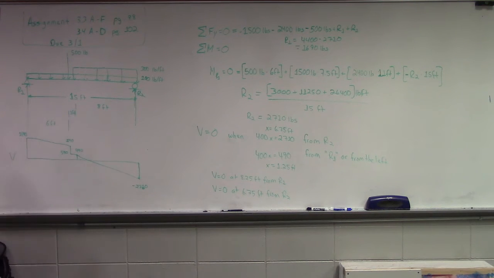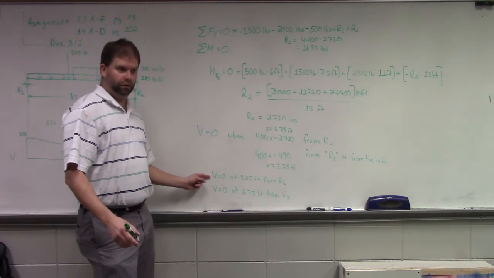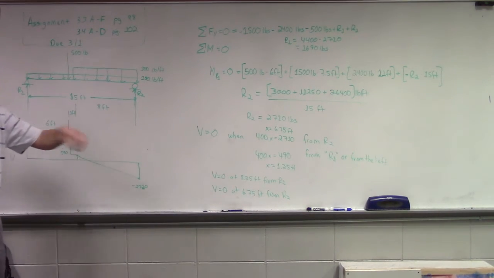So when we go to draw our bending diagram, where is one place that we know we have to calculate our value of bending? Where it crosses, 8.25, right here. At x equals 8.25 if we're going left to right, or at x equals 6.75 feet if we're going right to left. Because remember, where the shear equals 0 is going to give us our maximum bending, okay?